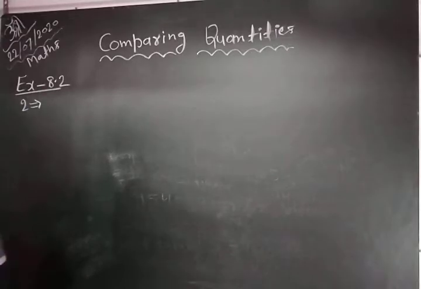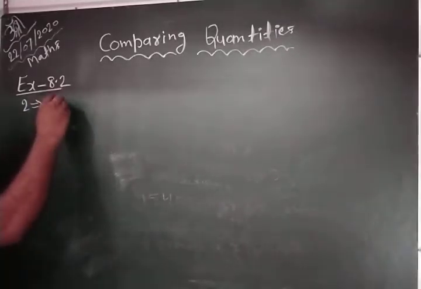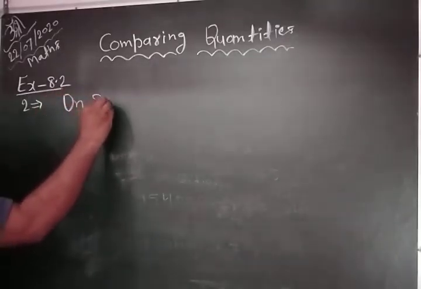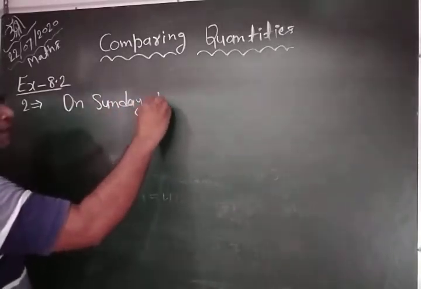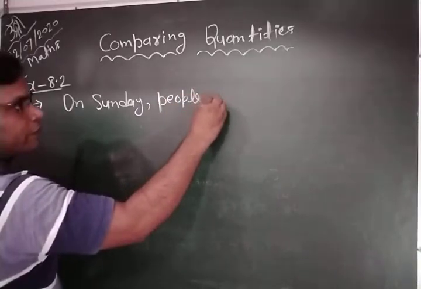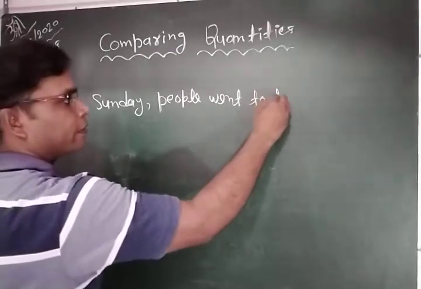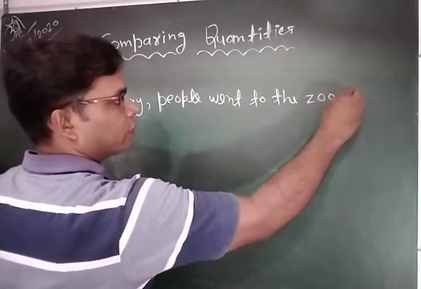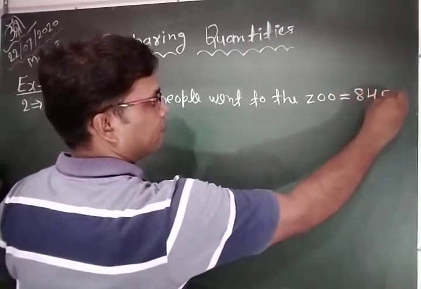So here given, on Sunday the people who went to the zoo, question number 2, is equal to 845 people.